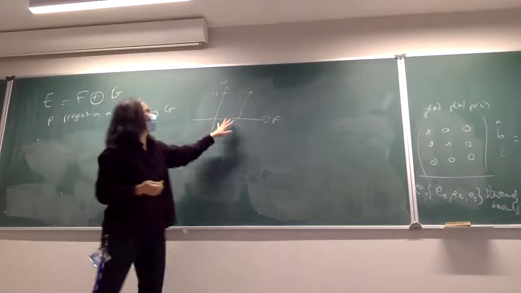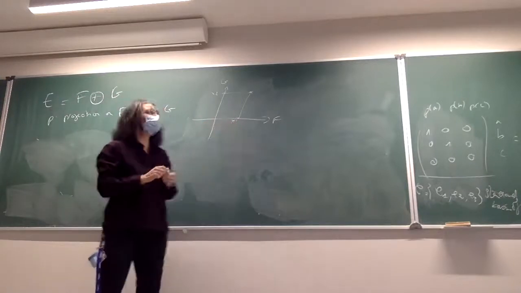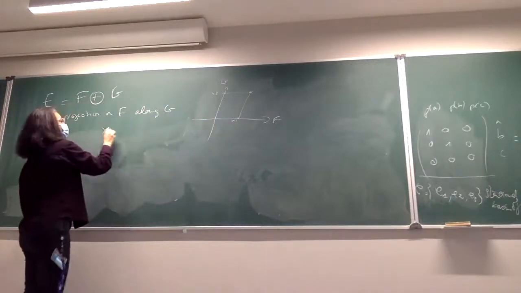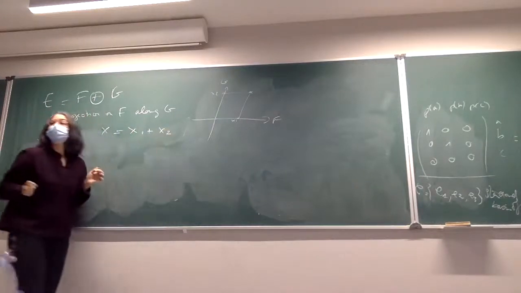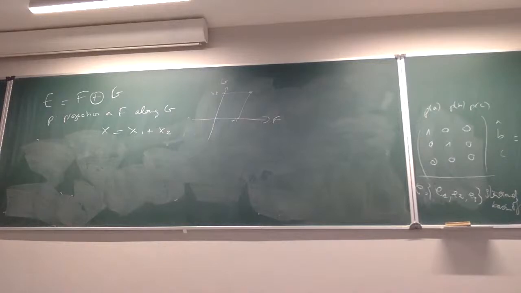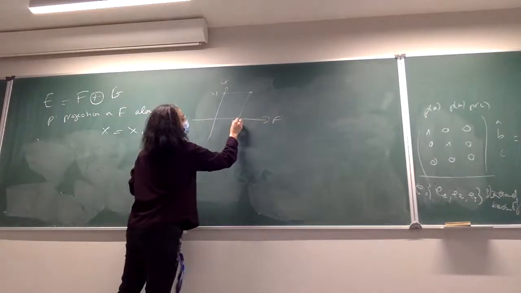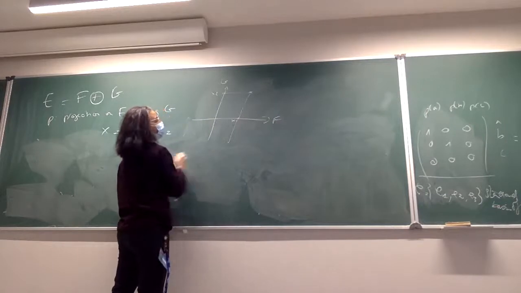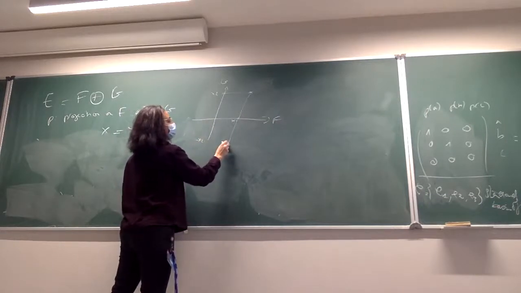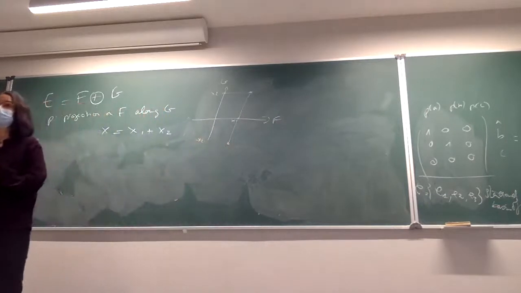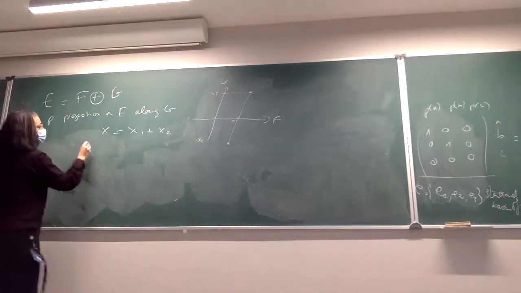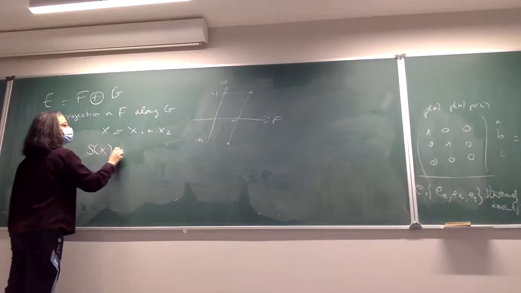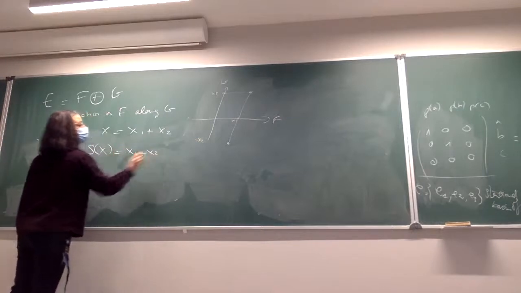Okay, so the other kind of transformation we have seen is the linear symmetry. It begins the same way. We've got two spaces that make a direct sum. When we take the symmetry, we keep the x1 and we take the opposite of x2. So the symmetry S of x is x1 minus x2.